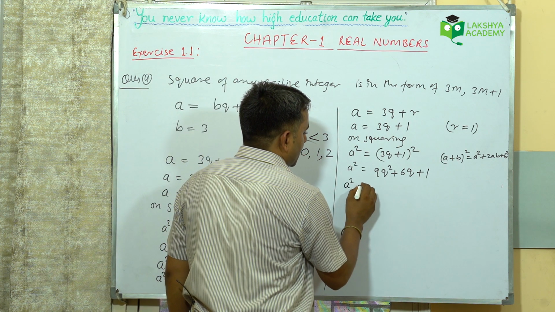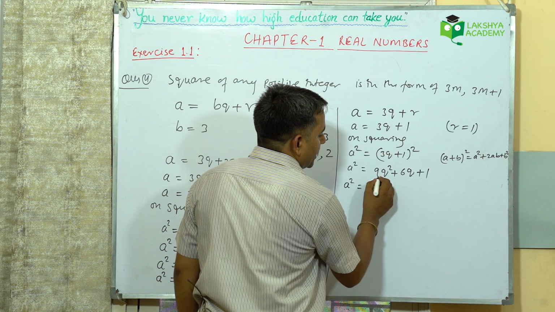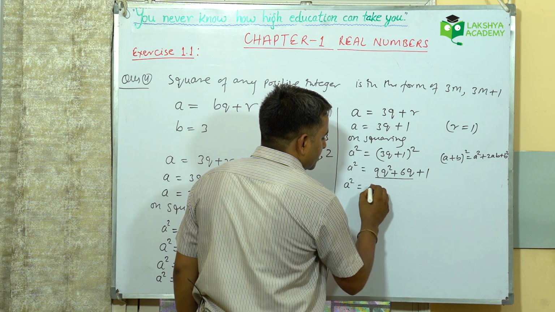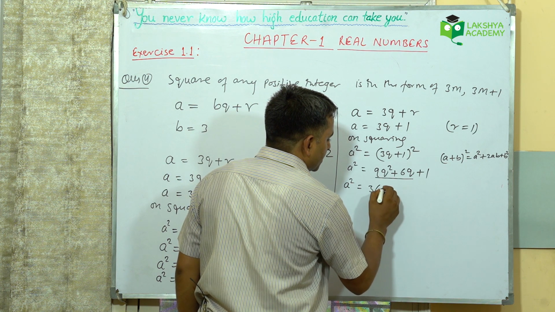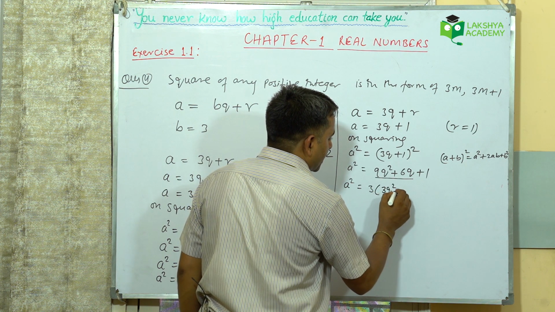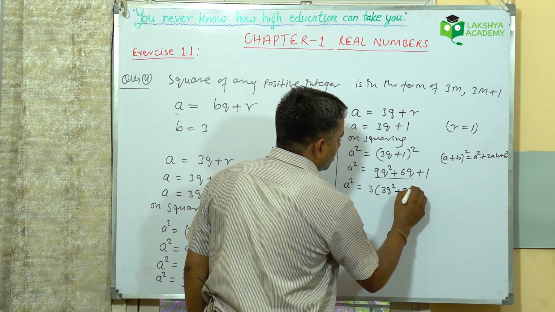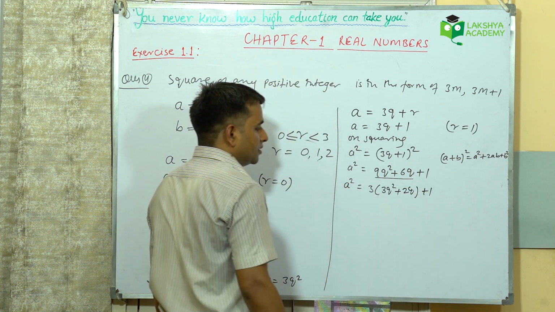So A square equals, taking 3 as common, 3 times (3Q square plus 2Q) plus 1.